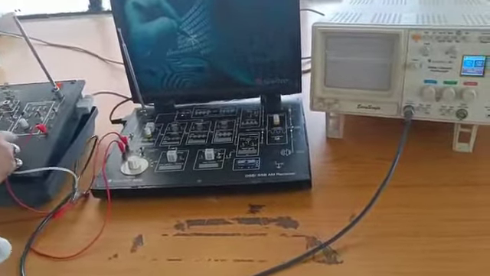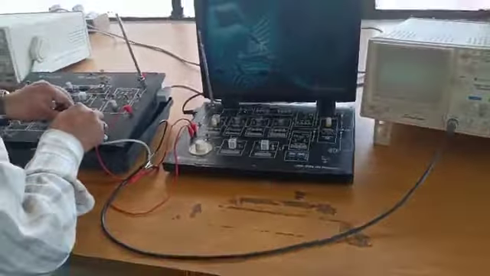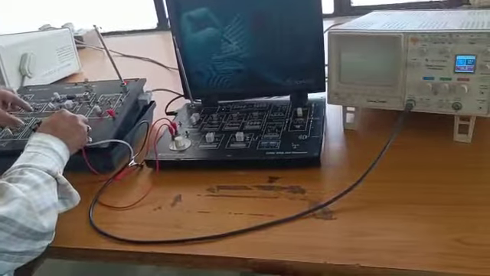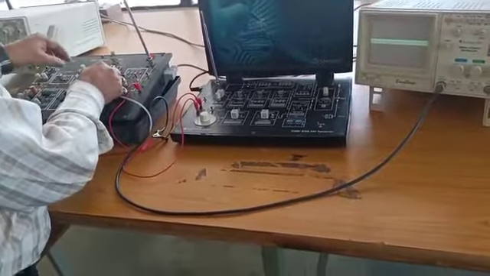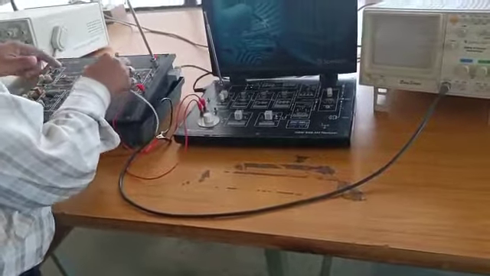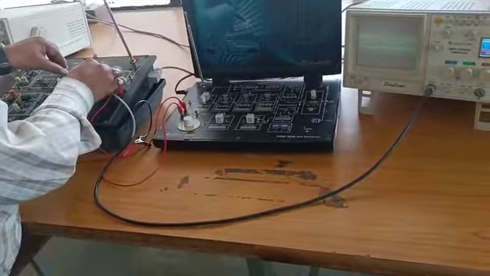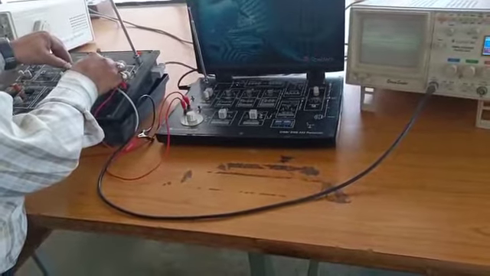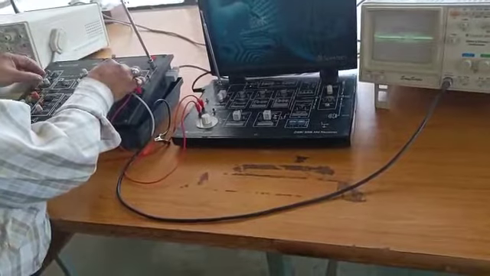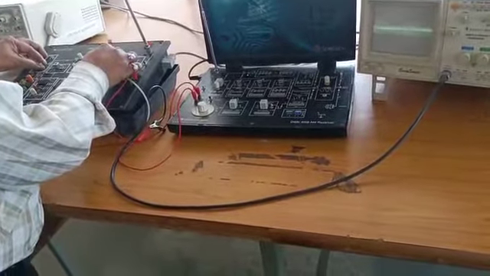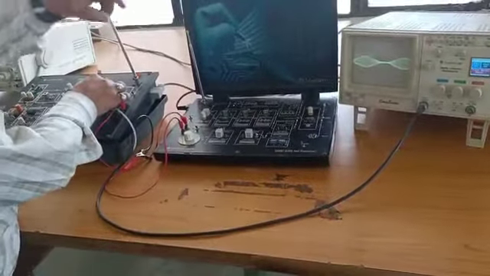This is the SSB signal, single side band, generated by this block. The carrier is generated by the crystal oscillator, and the DSB signal is generated by this block. This signal is varied by this port, maximum and minimum. This is the double side band signal.